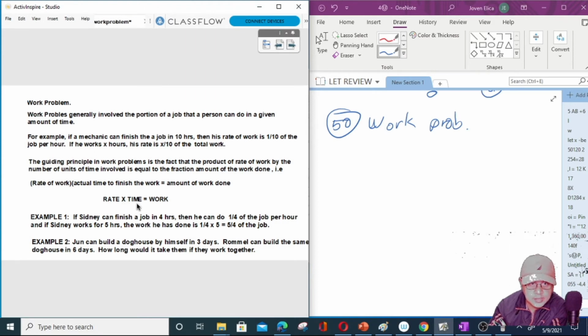If we work X hours, the formula is rate times X, or time, equal to the work. Let us try some examples so that we can really understand the general principle.